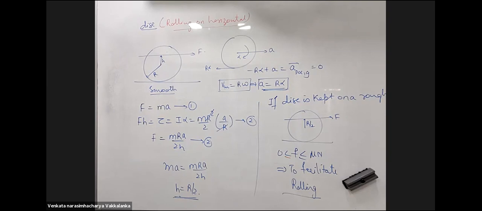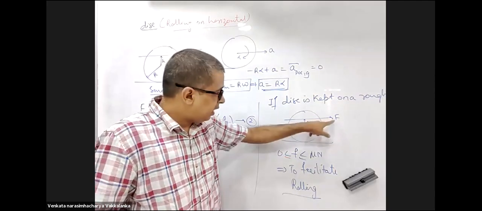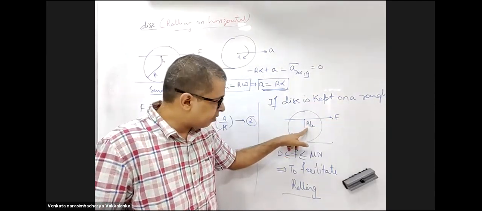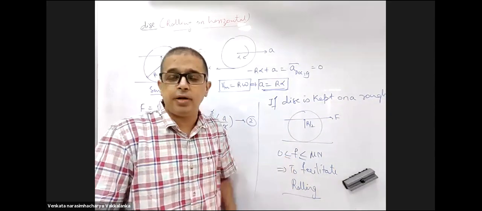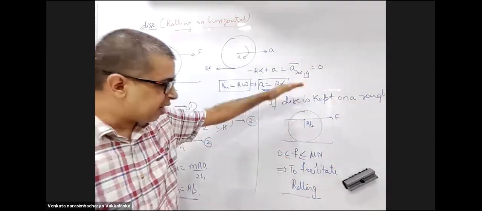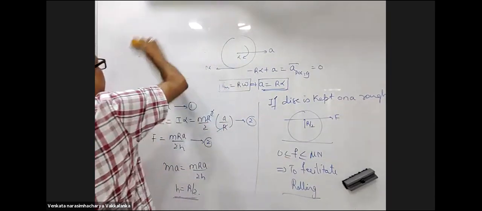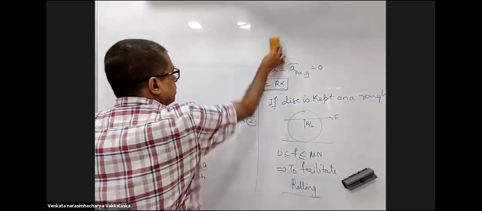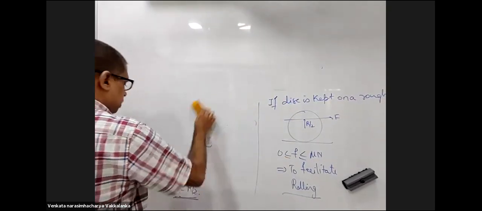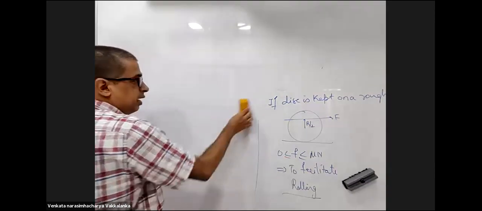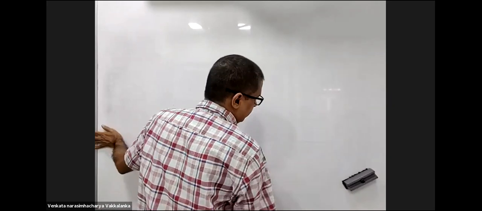Now, have a look at this. If I apply force at a height of r by 2, friction will make itself 0 to facilitate rolling. What if I increase the height? Let me take one analysis before I increase the height.